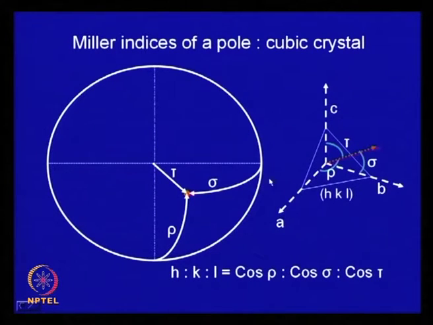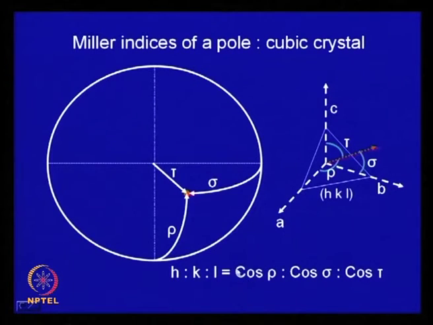And then you locate this angle sigma along this great circle and rho along this great circle, and this can be done vice versa. So, suppose here is a pole, you can find out these three angles and you can convert it, take cos rho, cos sigma, cos tau, which will be in proportion to hkl.